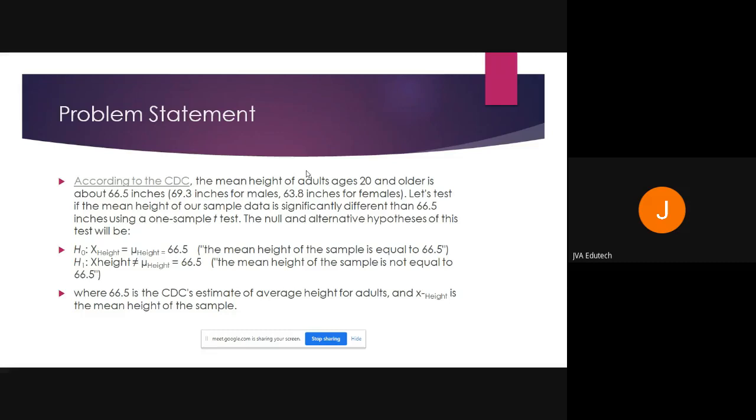Now we have to test whether the mean height of our sample data is significantly different, because now we have taken our sample, and we want to test whether it is different from 66.5 inches or not. Now this 66.5 inches is our test value.